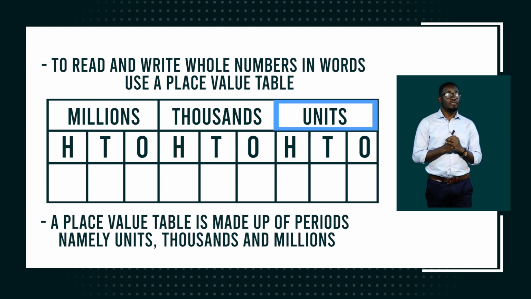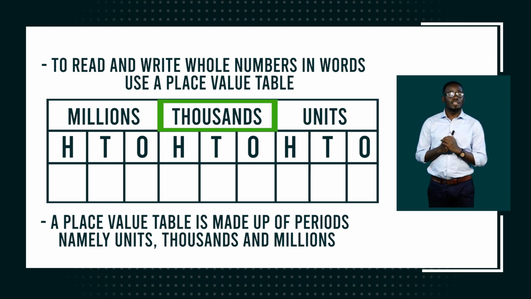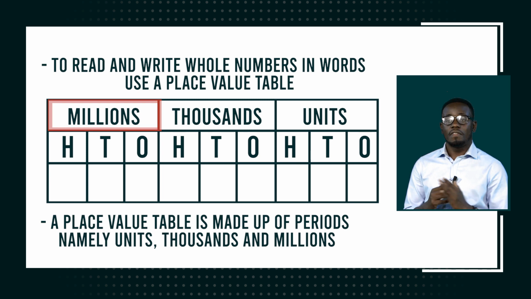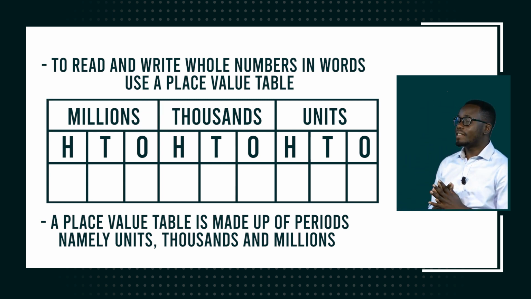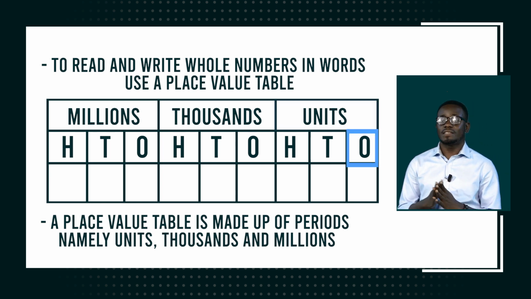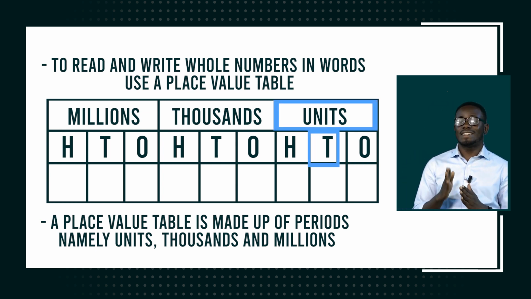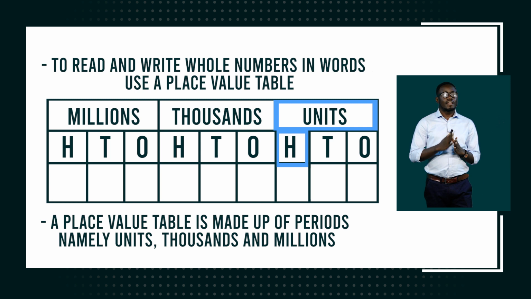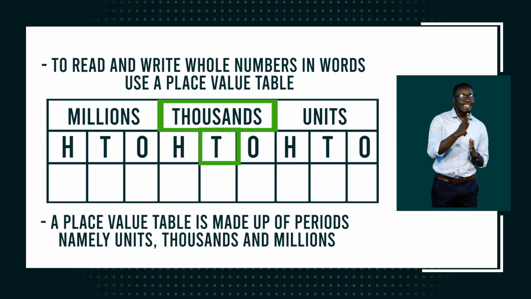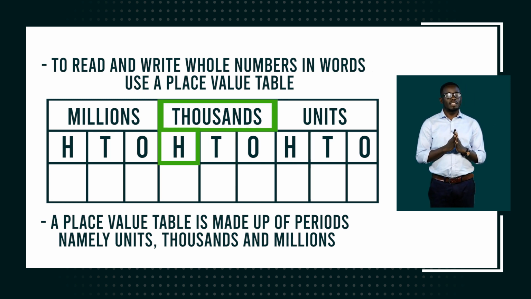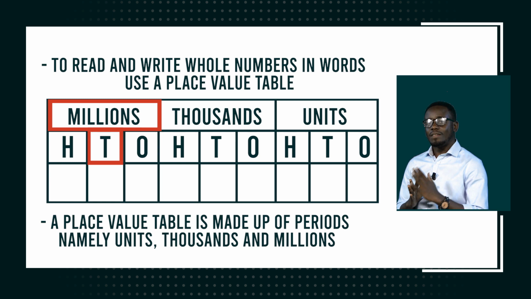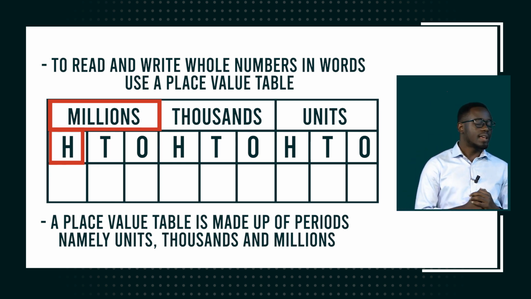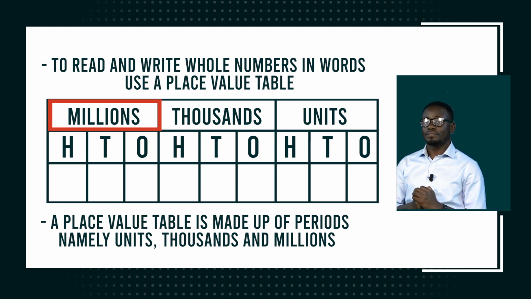It contains the units, the thousands, the millions. Then you have to remember that those periods are also divided into three. That is the ones, the tens, the hundreds under units. The 1,000, the 10,000, the 100,000 under thousands. Then we have the 1 million, the 10 million, then 100 million under millions.